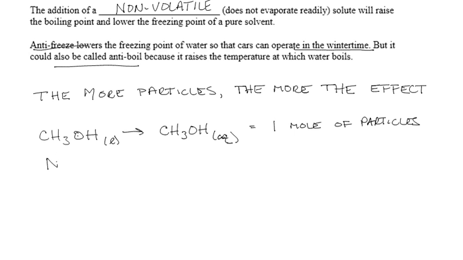If you put salt in water, the salt will break apart, or dissociate, into sodium ions and chloride ions. In other words, even though a sodium ion is smaller and a chloride ion is smaller than a whole sodium chloride put together, you now have twice as many particles in solution.